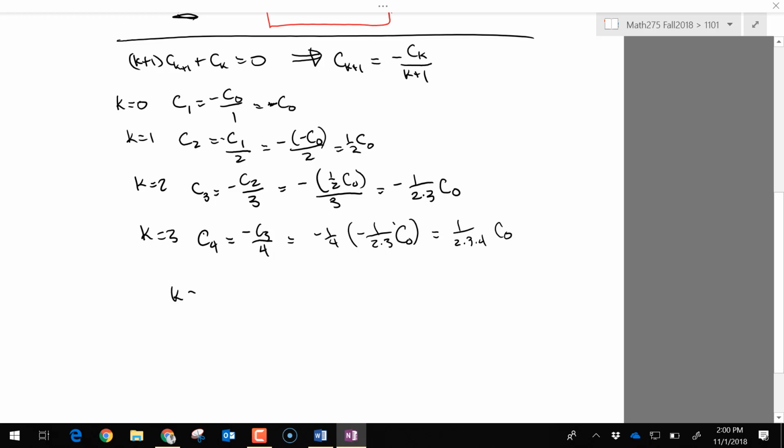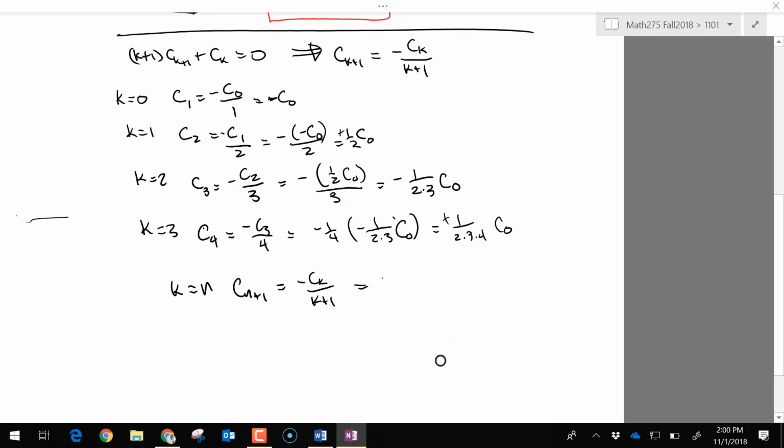So c sub n plus 1 is equal to this. But if you follow the pattern, it looks like it's going negative, positive, negative, positive. So it looks like it's an alternating series.